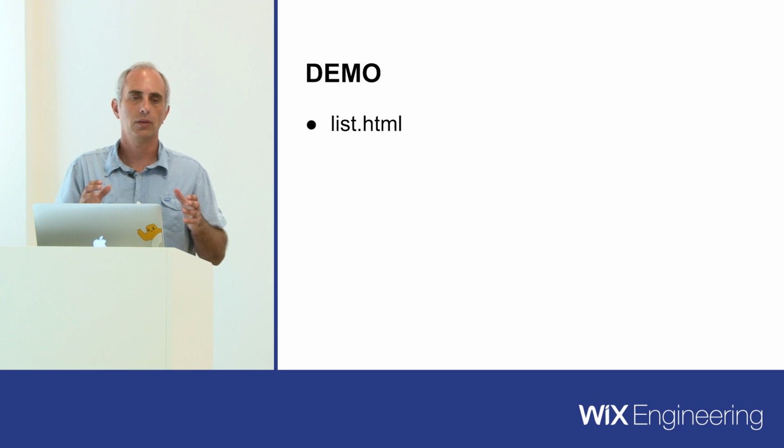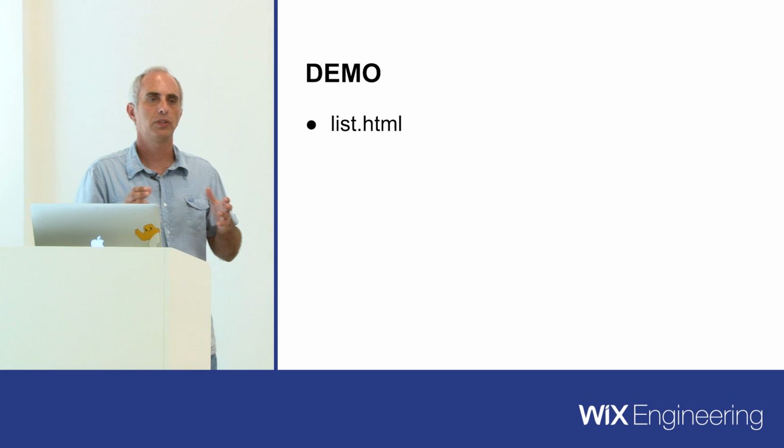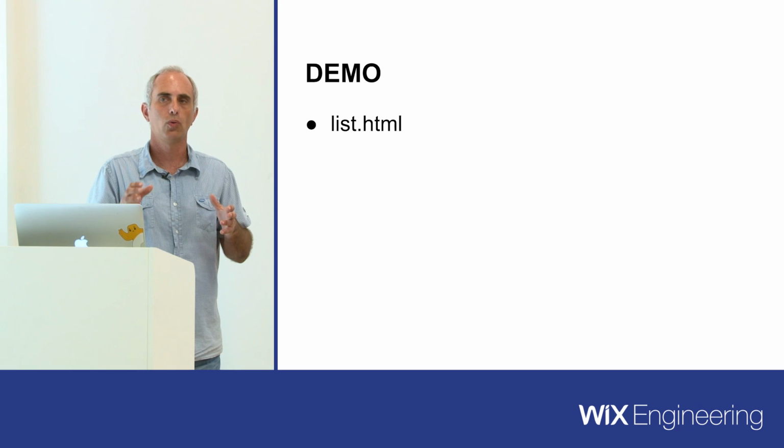Now, the result of this limitation, of the fact that we don't have general purpose algorithms in ES5, and instead they are tied to specific collection types, is that people generally don't implement their own collections when they develop in JavaScript.